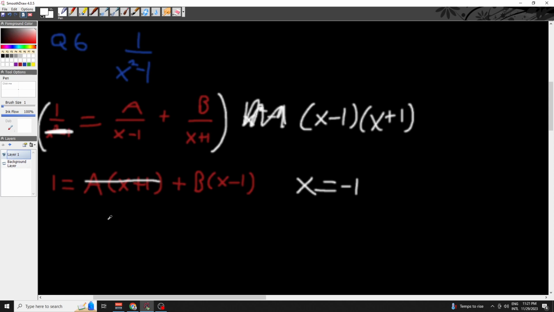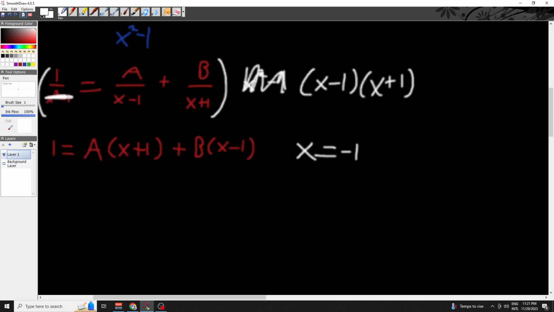So that's exactly what we're gonna do. 1 is equal to a, -1 plus 1, plus b, -1 minus 1, which is equal to -2. Now we're left with 1, because this a term cancels out completely.